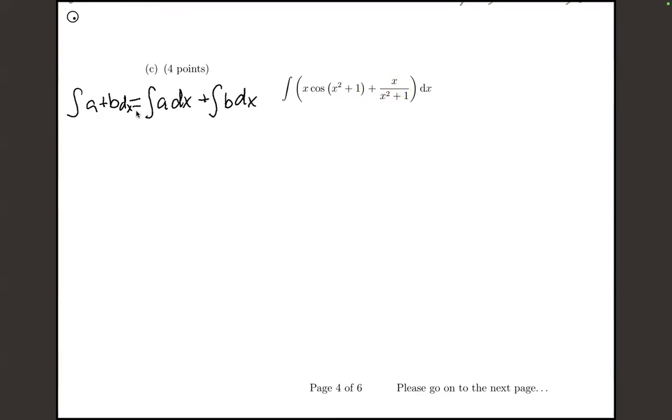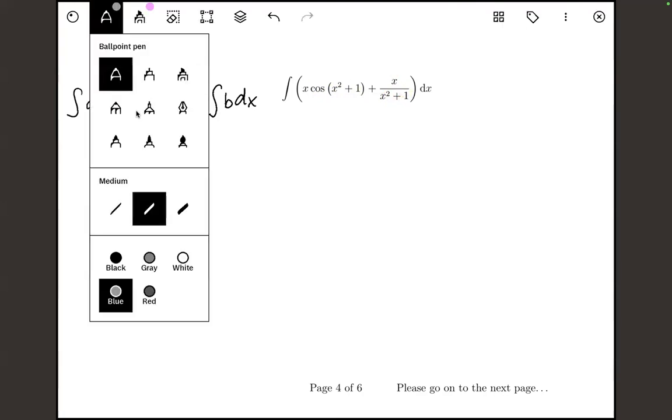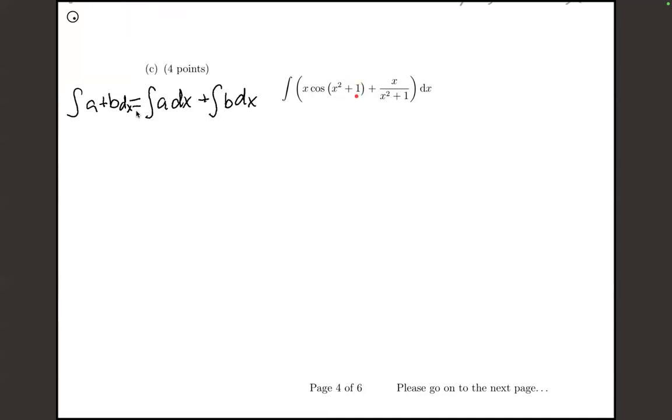So I'm going to use the fact that x squared plus 1 happens in both of them as the inner function to give us a hint that u equals x squared plus 1. Then du equals 2x dx. Remember, the 1 goes away, it is a constant. But I don't have a 2x, in fact, I have just an x. So I'm going to rewrite this as du over 2 equals x dx.